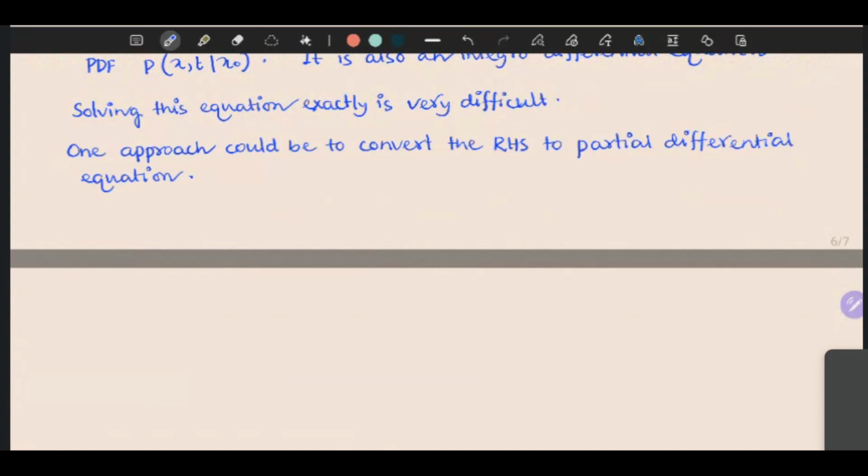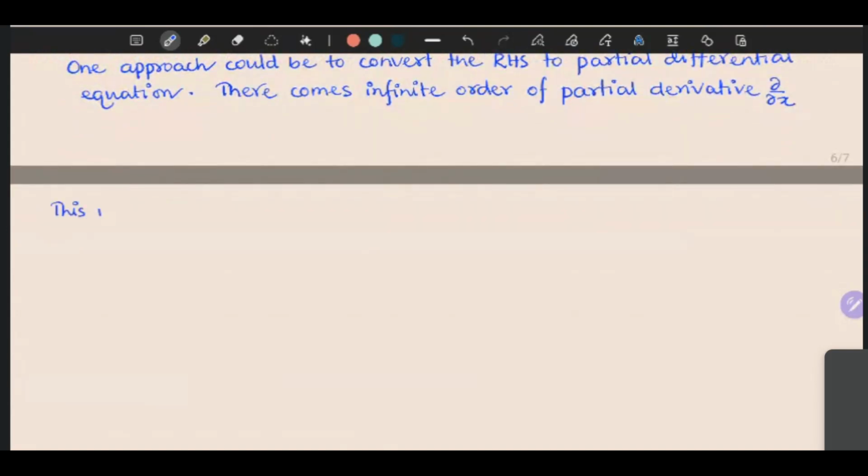But that would take infinite order of the partial derivatives del x, and this is called the Kramers-Moyal expansion.